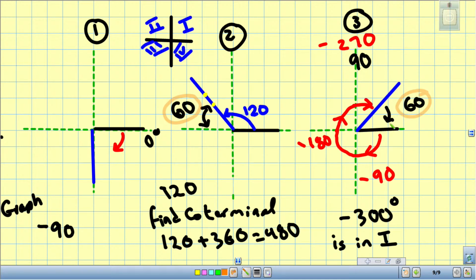How much do you need to get to 360? Yes, 45. That is true. The reference angle will be 45. By the way, the reference angle is always positive. Just keep that in mind. Okay?